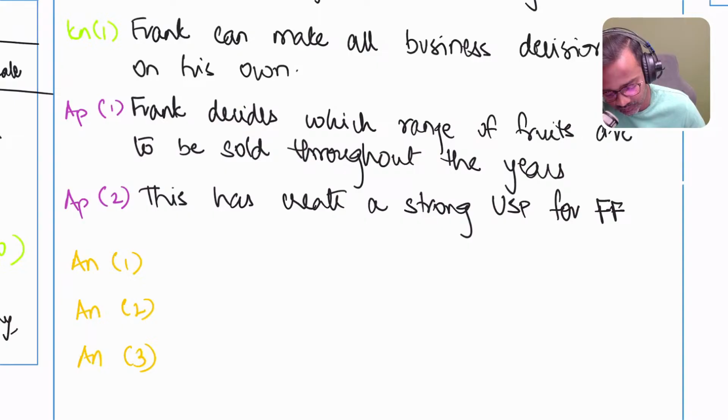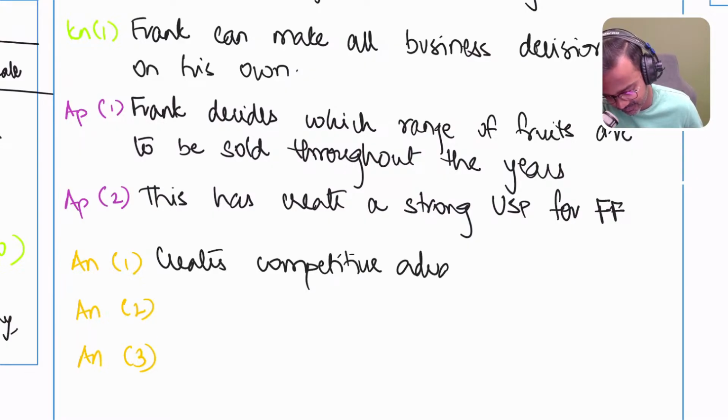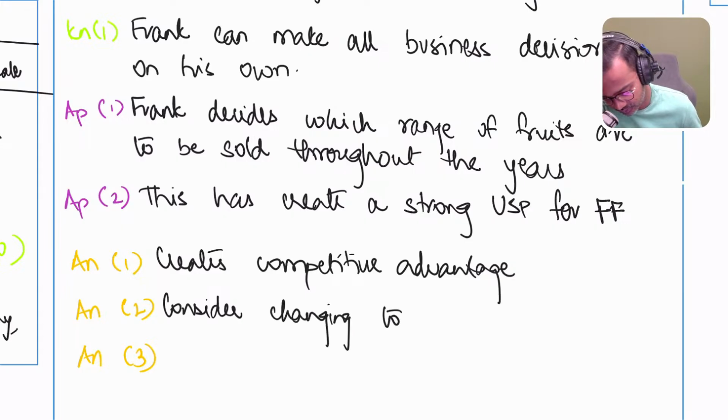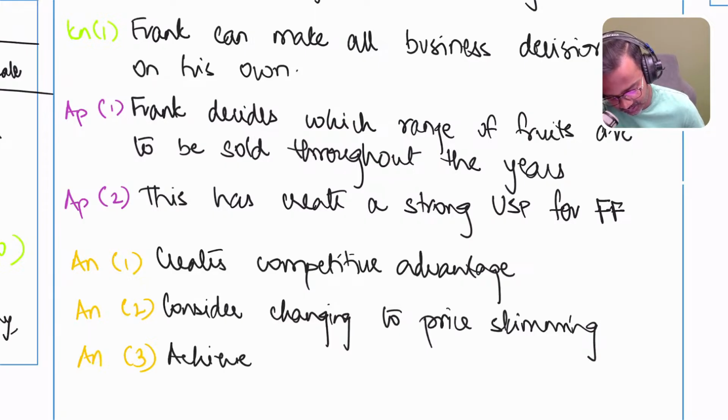Okay, and what I will say here, again, using information from the kit, is since they have a USP, it creates competitive advantage, right? And the best way to make most of this competitive advantage is to consider, remember, he hasn't done this, so consider changing to price skimming, and by doing this you'll be able to achieve the objective of 25% profitability.